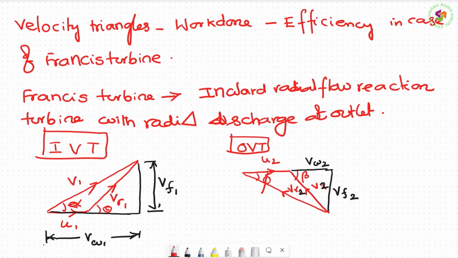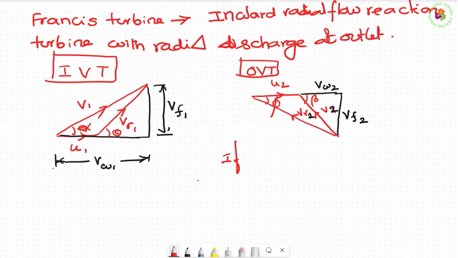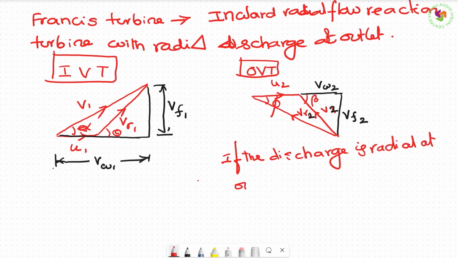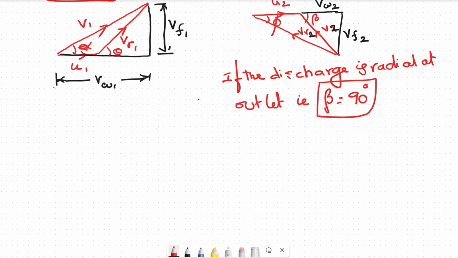Now, if the discharge is radial at outlet, that means beta is equal to 90 degrees. When beta is equal to 90 degrees, the outlet velocity triangle changes like this.